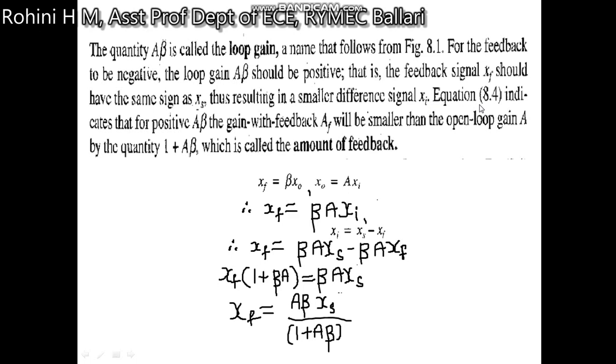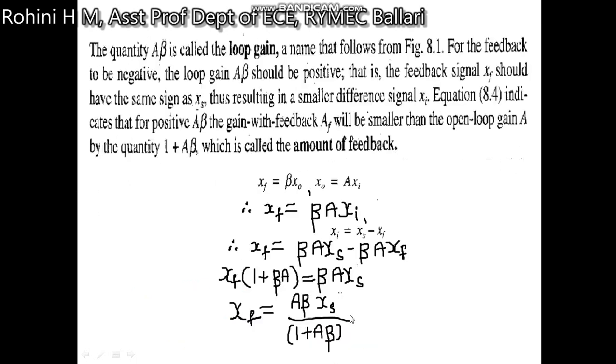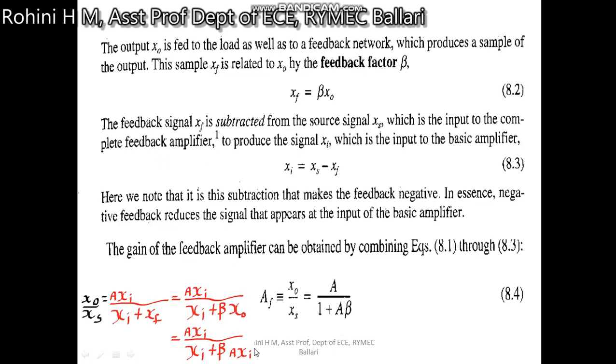So equation 8.4, what is our 8.4 expression? This one. The overall gain of the feedback amplifier, A divided by 1 plus A beta, will be smaller than the open loop gain A. So this is the open loop gain A. AF will be smaller than A by the quantity 1 plus A beta. From this expression we can say that AF is A divided by something.